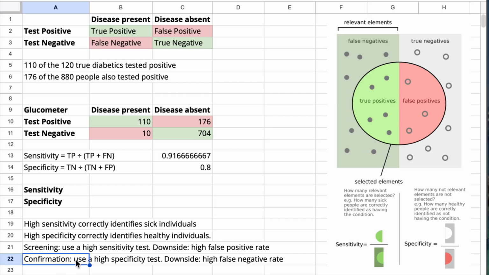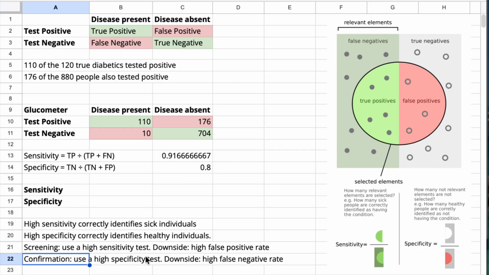To confirm the result, we'll go for a high specificity test, typically a diagnostic test, where we will be able to confirm for sure that you have this particular illness. Of course, the downside of these is that they have a high false negative rate, and that's of concern, but we'll be able to certainly rule in the disease if that high specificity test confirms it.